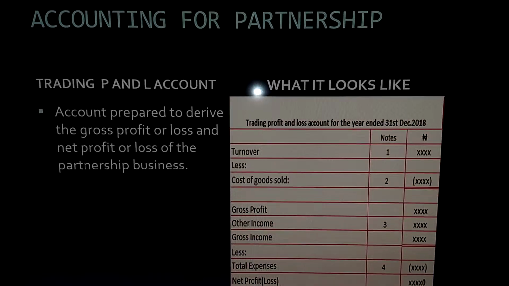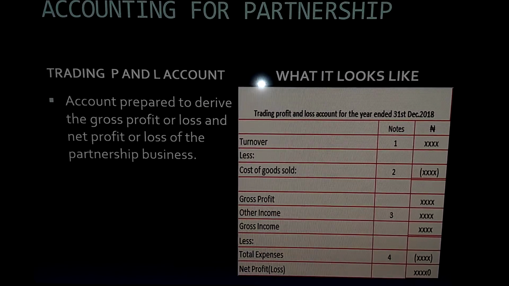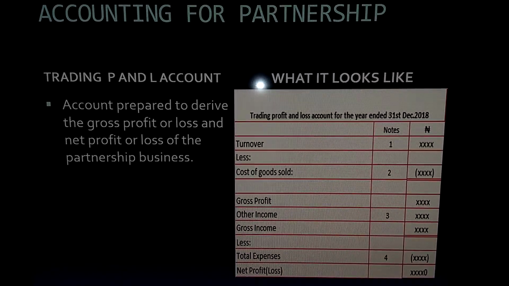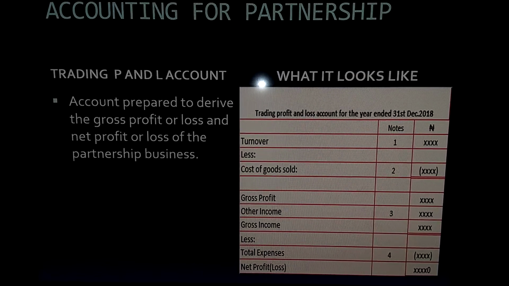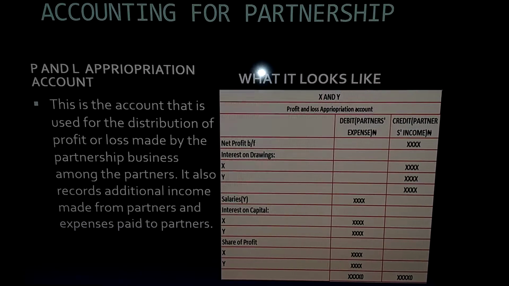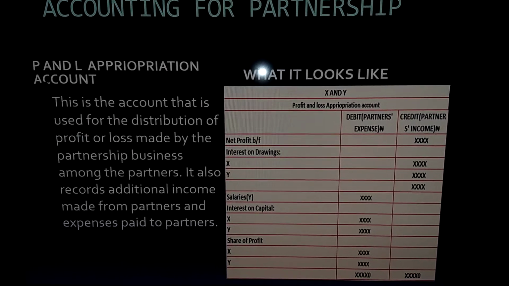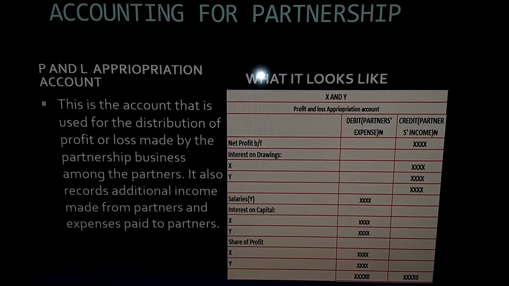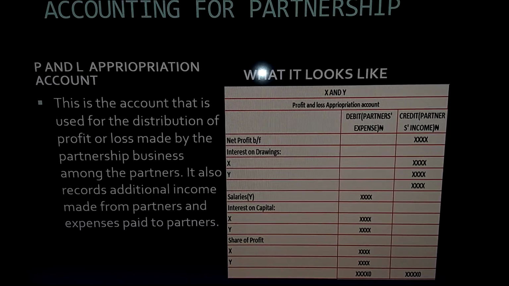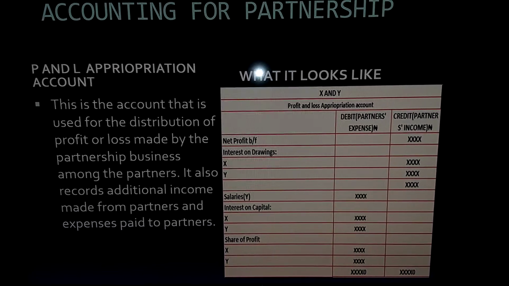So basically, the trading account is prepared to derive the gross profit or loss, and then profit and loss account is prepared to derive the net profit or loss of the partnership. Now, the next account is the profit and loss appropriation account. To appropriate here means to share, to divide, to apportion. So usually after preparing the trading profit and loss account, you derive your net profit.